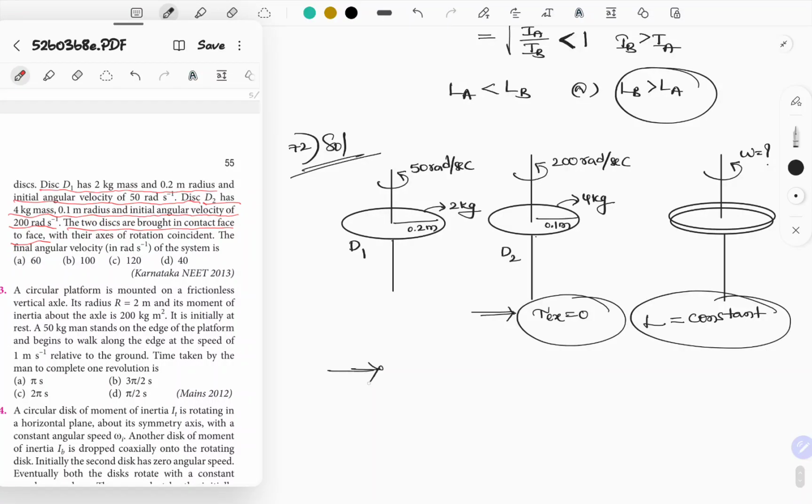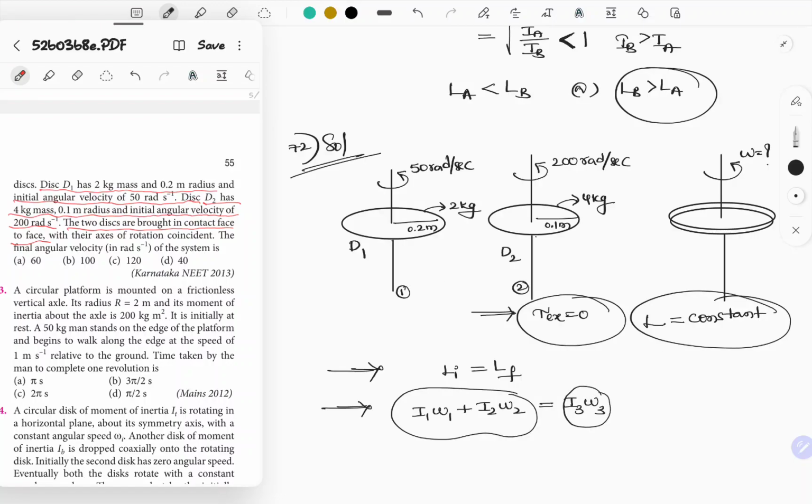So initial angular momentum is equal to final angular momentum, that is I1 omega 1 plus I2 omega 2 is equal to I3 omega 3. I1 and I2 are the moment of inertia of the first disk and second disk.